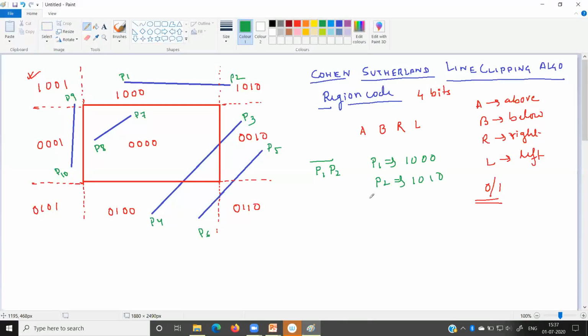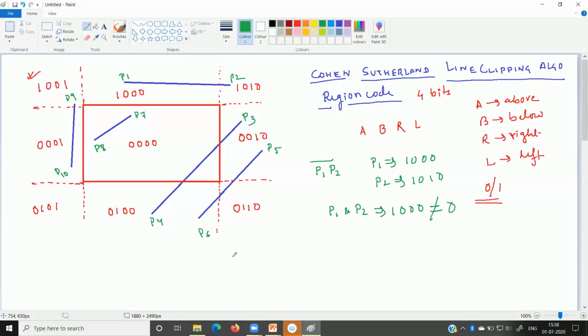After finding the region codes for both points P1 and P2, you perform the AND operation between these two region codes. If you perform the ANDing operation between these two, you will get this output, and you can see that the output of the AND operation is not equal to 0.